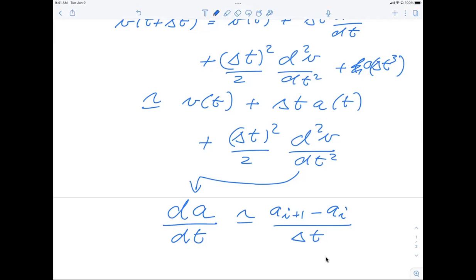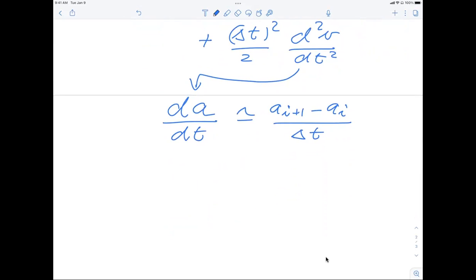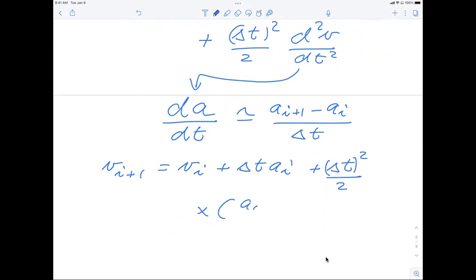So what we end up with then, when we plug that in, when we discretize it, we get a velocity v of i plus 1, which is equal to v of i plus delta t times a of i, and then plus delta t squared multiplied with a of i plus 1 minus a of i divided by delta t.